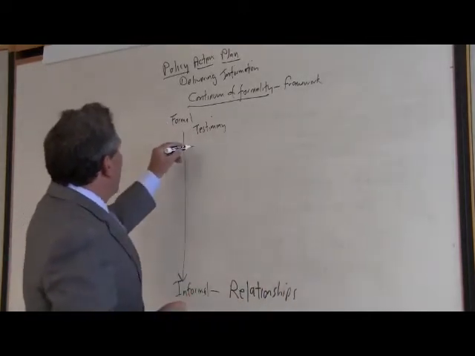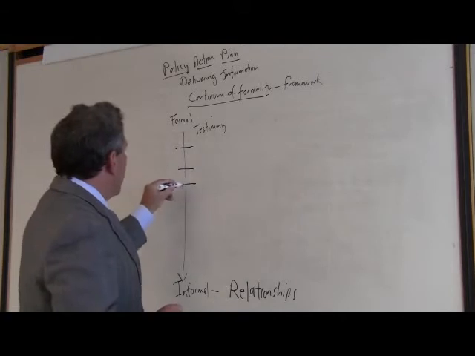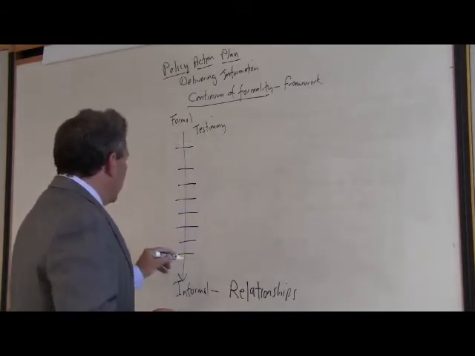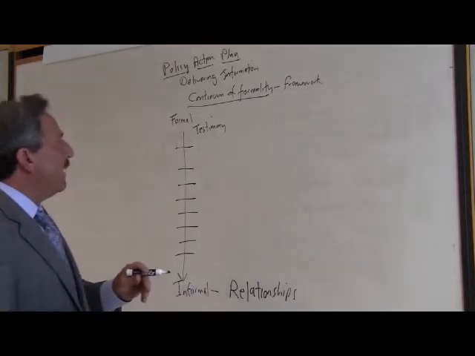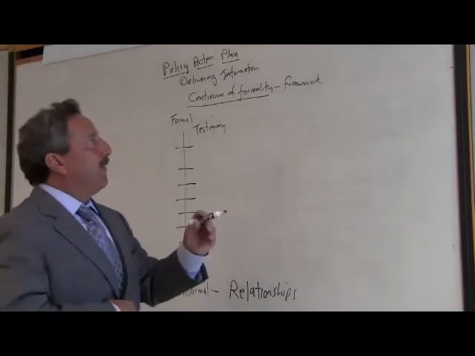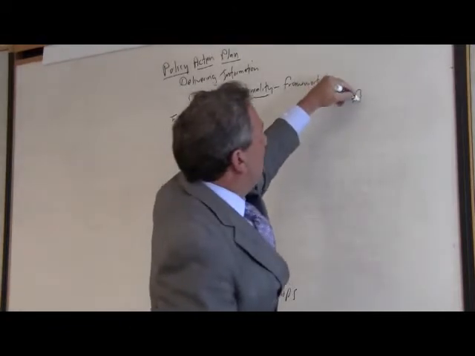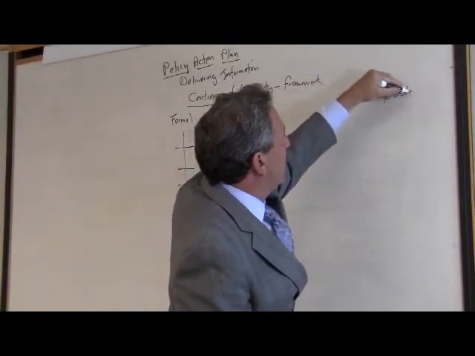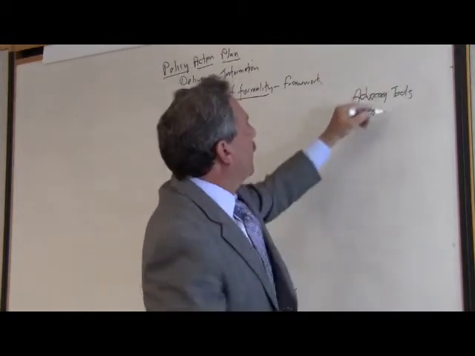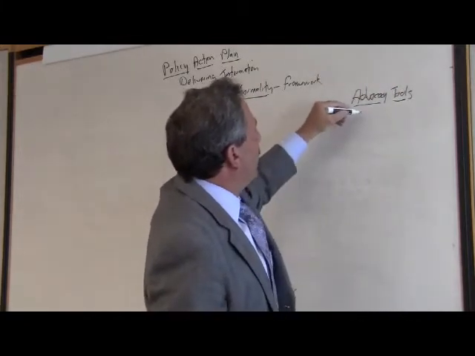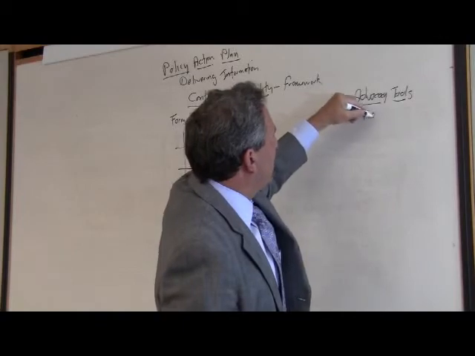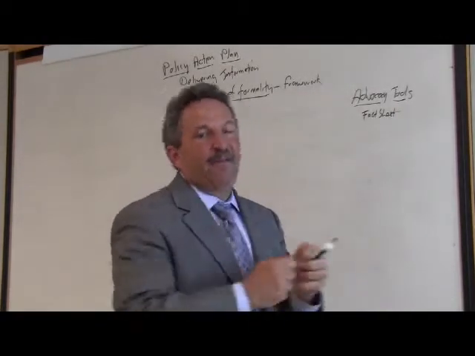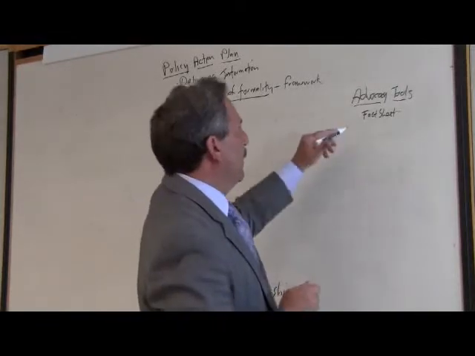Now, up and down this continuum are many, many other types of delivery. And we can think about some of the advocacy tools that we talked about in the last module. Of course, if you think about the fact sheet, delivery is handing the fact sheet to the policymaker.